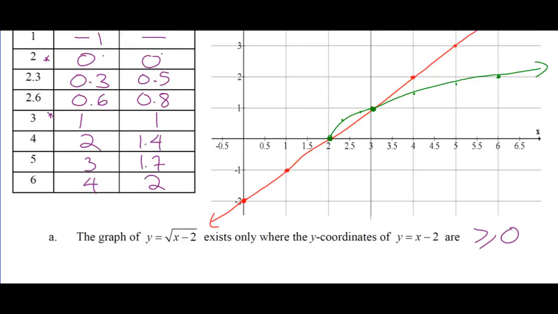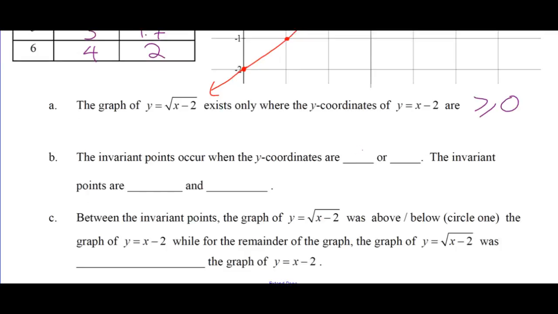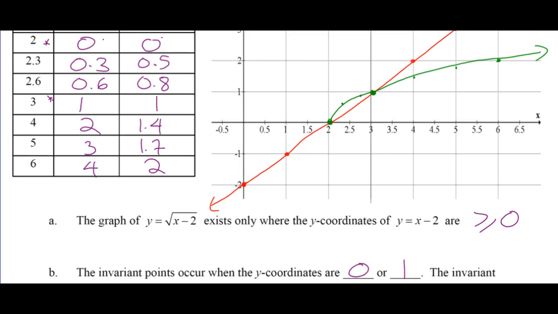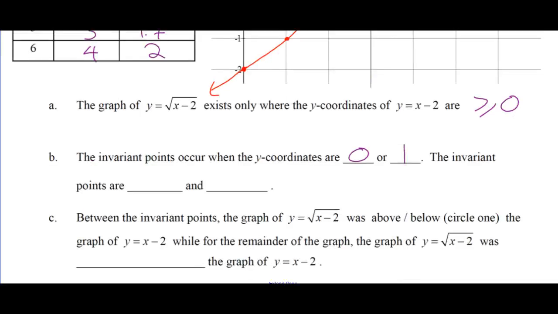Okay. Invariant, right? Same value. So when the y coordinates are 0 or 1, then the square root of 0 is 0, and the square root of 1 is 1. And the invariant points here are 2, 0, and 3, 1. Now asking for points, ordered pair, parentheses, the whole deal, right? So 2, 0, and 3, 1.